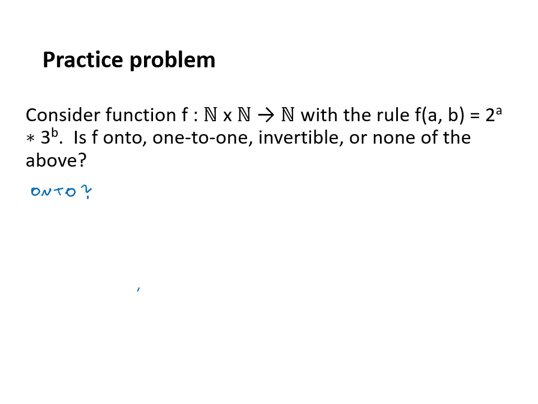To show that f is not onto, we just have to find a counterexample. And it's really easy to find one. So most prime numbers will not have a mapping when it comes to f. So, for example, 7.